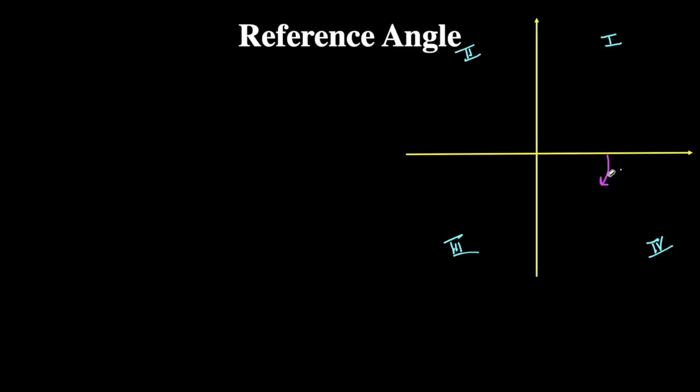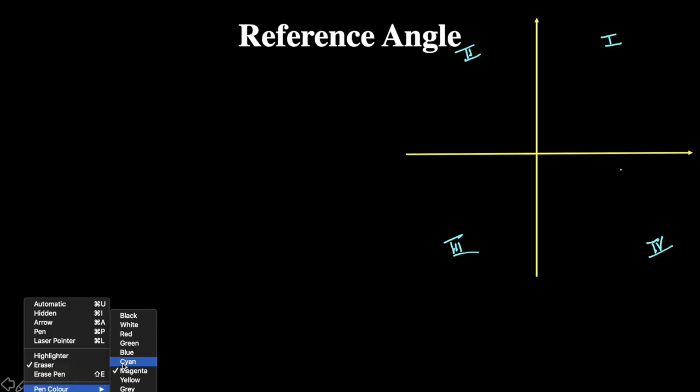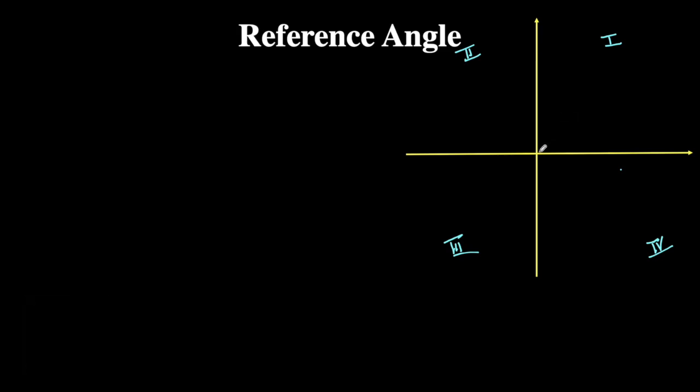Okay, now what is the reference angle? Suppose you have an angle called theta. Okay, this is with the positive x-axis, and it's making an angle theta. The same, there will be a reference angle here also, and that can also be theta, but this will be from this side. Suppose this is 30 degrees, this will also be 30 degrees.